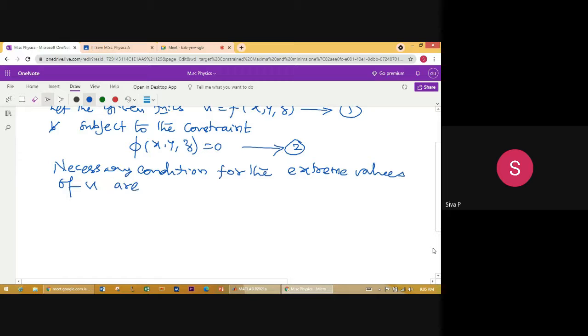The first derivative is 0. That means dou f by dou x equal to 0, dou f by dou y equal to 0, dou f by dou z equal to 0. That is the condition.